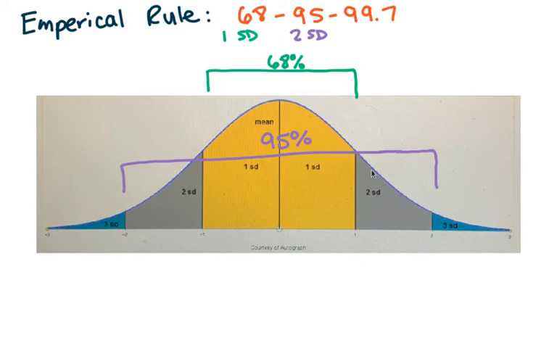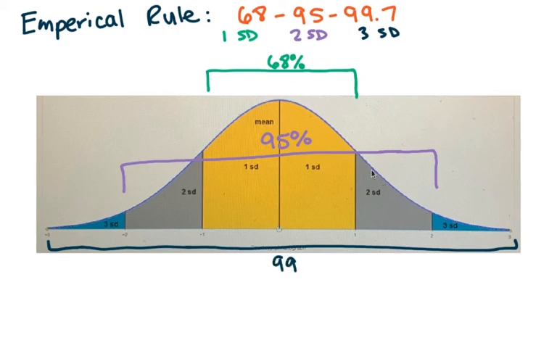And the final one, 99.7, represents 3 standard deviations from the mean. So 99.7% of the data is going to fall within -3 standard deviations to +3 standard deviations from the mean. That's what the empirical rule is stating.